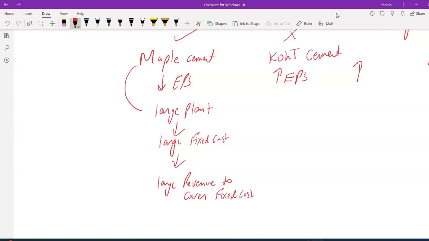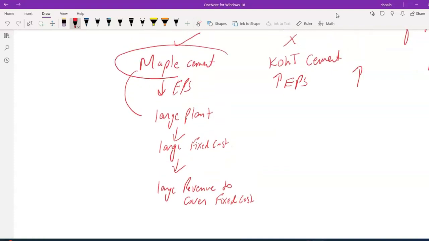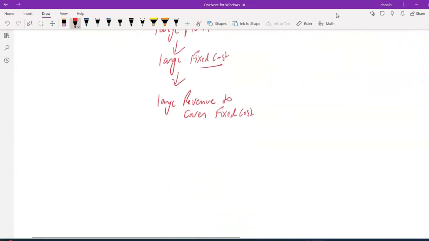And once you cover that fixed cost, whatever you earn over that will be your profit. So, firstly, this company is struggling to cover its fixed cost. सोचें, once it is able to cover the fixed cost, whatever it earns more than that fixed cost will translate into profit. So higher the fixed cost, more sensitive, more volatile your profits will be.